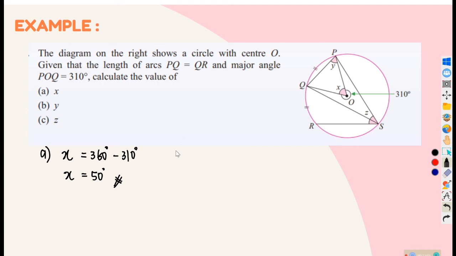Now we want to find what is y. So B here.